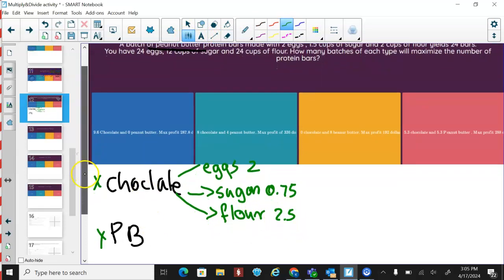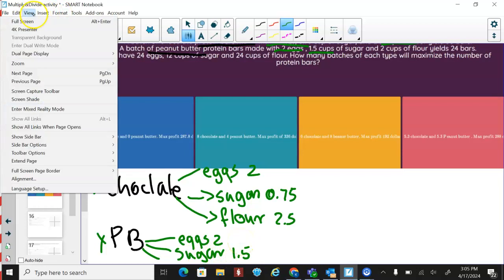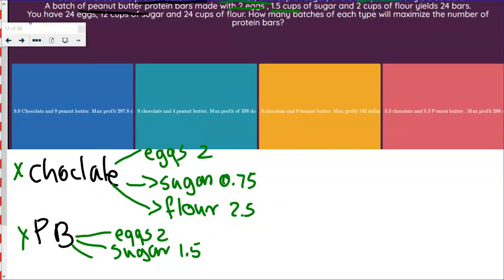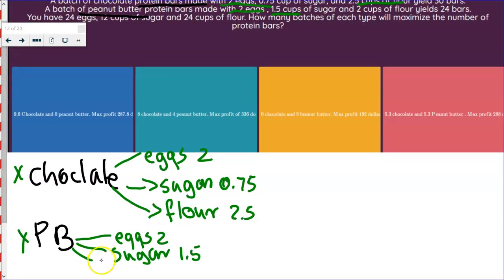All right, now for peanut butter, I got eggs. How many eggs do I have for peanut butter? 2 eggs. I got 1.5 for sugar. Okay. And let me get that bigger. And then 2 cups of flour.